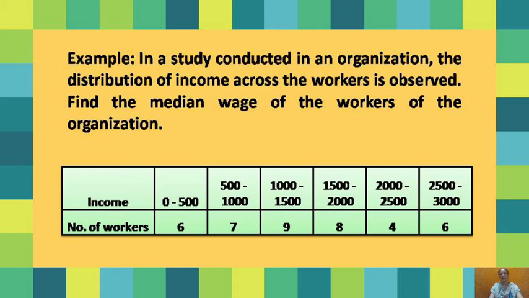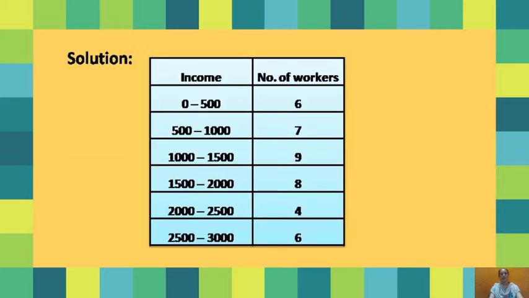Now we are proceeding to the solution. Here in the solution part, firstly, according to the steps, we need to calculate the cumulative frequency. As I have told you, for the first class, the cumulative frequency would be the same as the frequency of the first class, that is 6. For the second class, it would be 6 plus 7, that is 13.